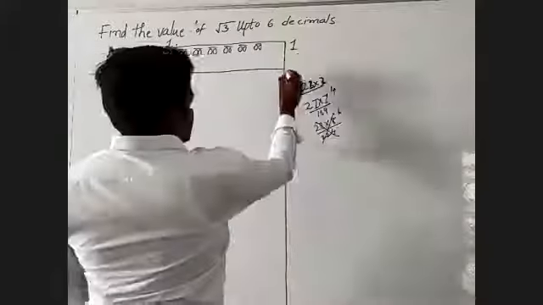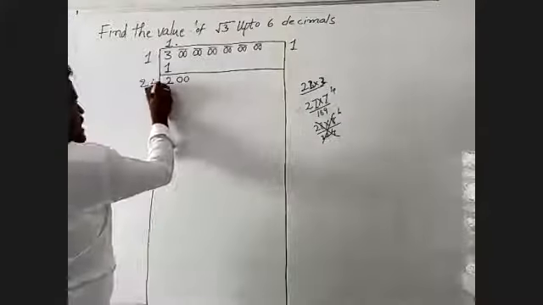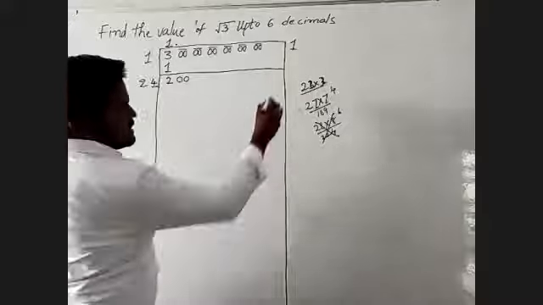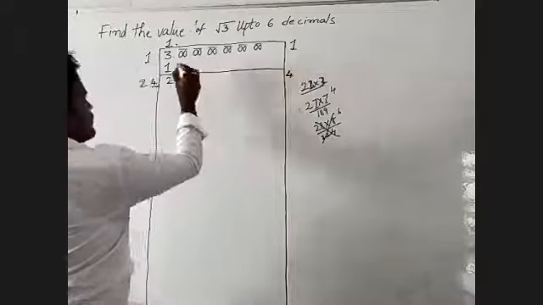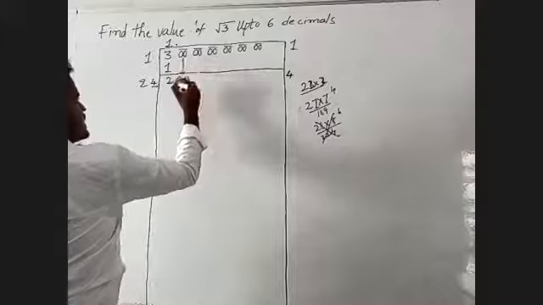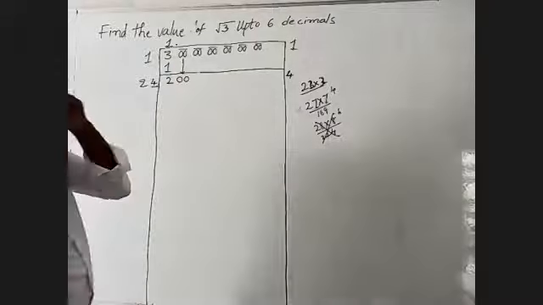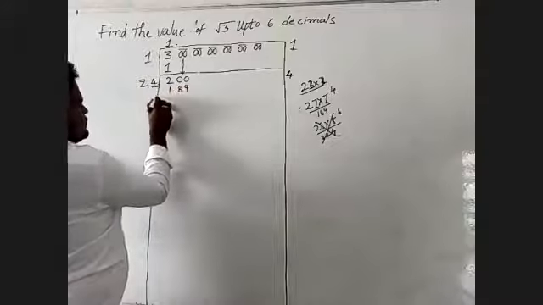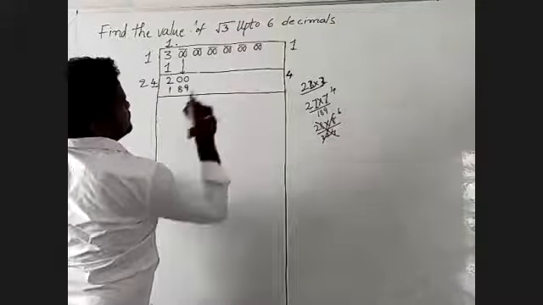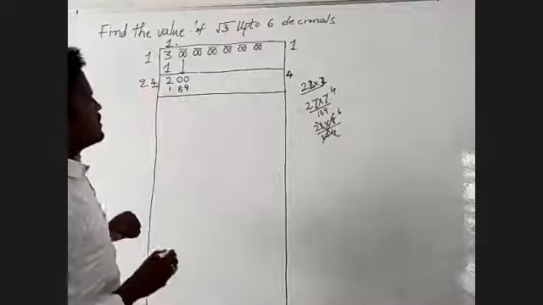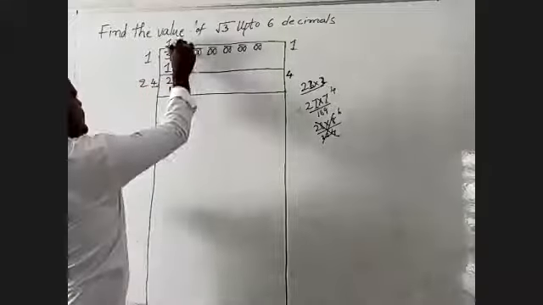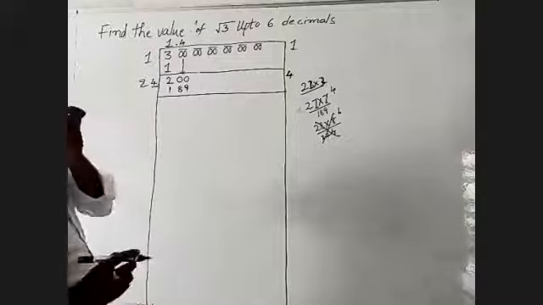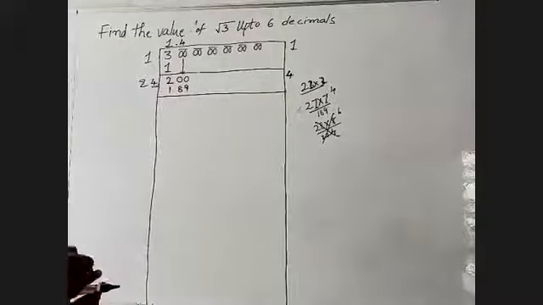Okay, that means the units place must take 4. Then the given equation can multiply by 4. Here 2 zeros will take. That means the value is 189.